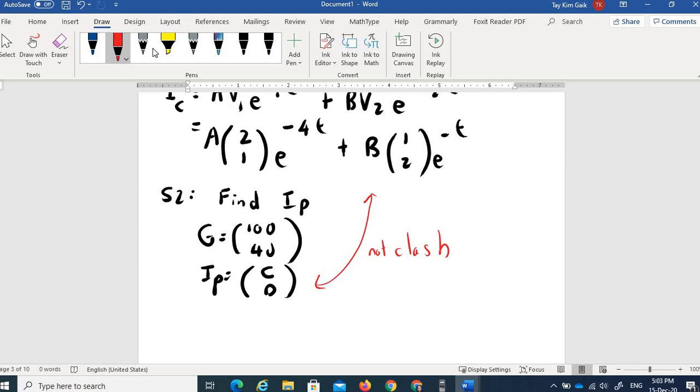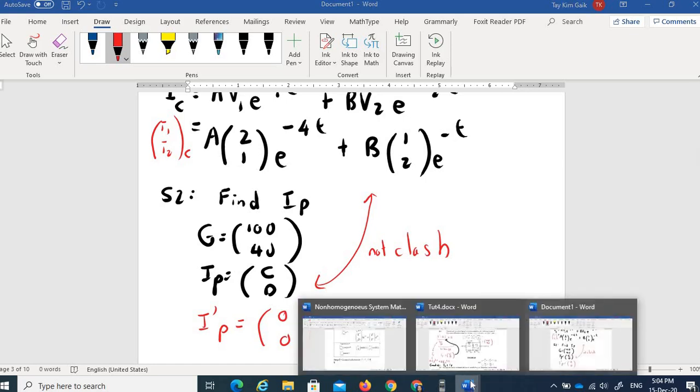Your IC has I1,C and I2,C in the complementary function. Your I1,C is A exponent negative 4t plus B exponent negative t. I2,C is A exponent negative 4t plus 2B exponent negative t. This one is constant, so totally no clash. If no clash, then you just differentiate it. Differentiating a constant, you get the 0 vector.